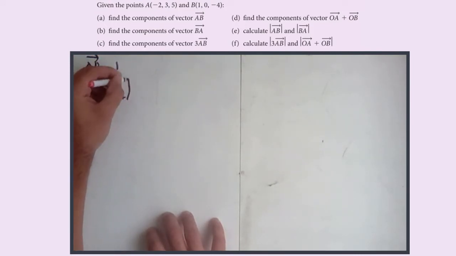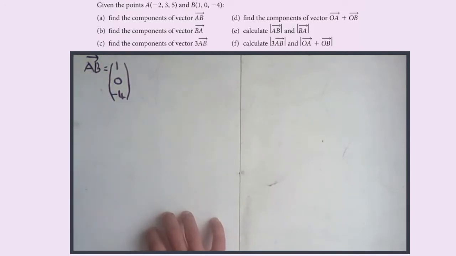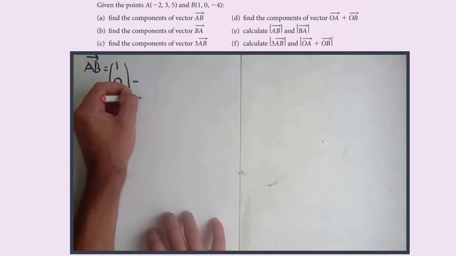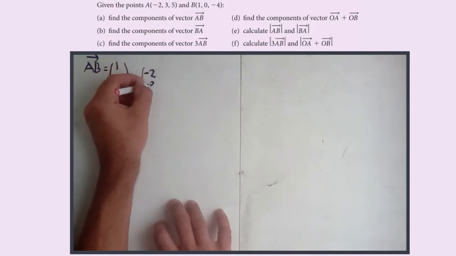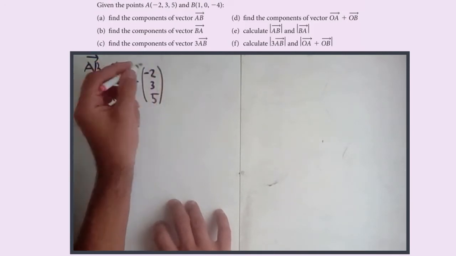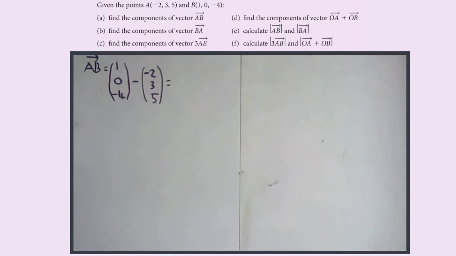So that's the position vector of B, which is literally as simple as the coordinates written as a vector, minus A, which is at (-2, 3, 5). Okay, so this tells you how to get from A to B. You could put those in one bracket, but if you get lots of minus signs around, it's probably a bit easier like this.